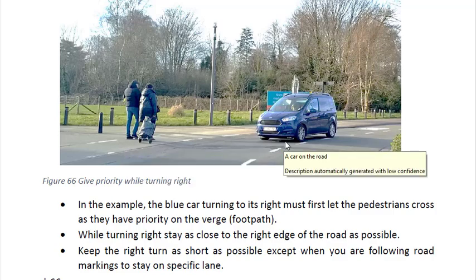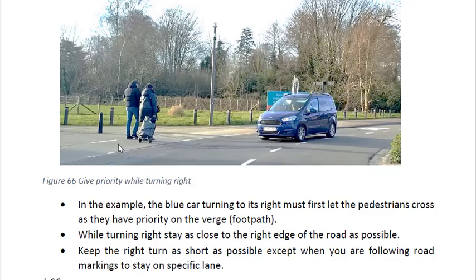So it must wait for the traffic on the new lane, and once the lane is free, only then is it allowed to turn right. It must give priority to the pedestrians, and then it is allowed to turn right.